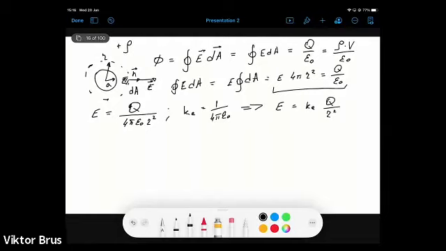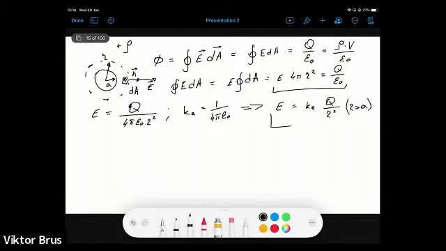And this is true when we specify that r, the distance at which we want to determine this electric field, is larger than the radius of the charged sphere.